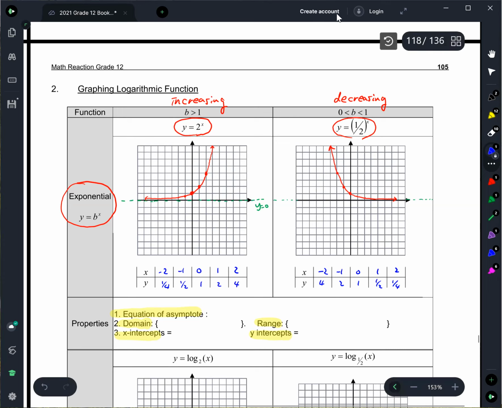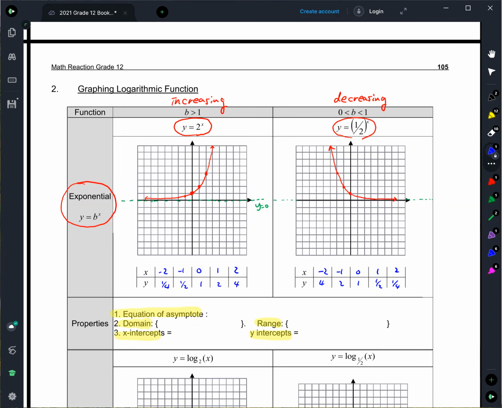Evan, are you there? Can you hear me? Okay, Philip, what's the equation of asymptote? Y equals 0. Yep.